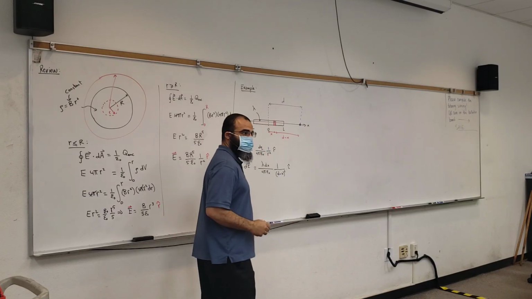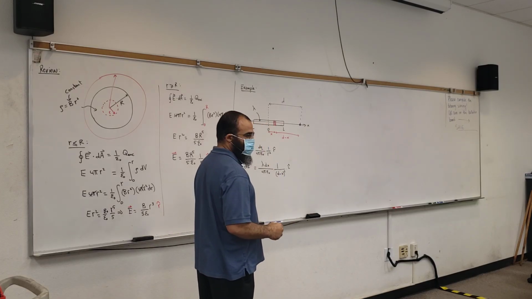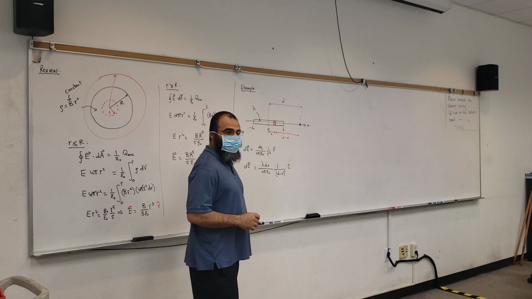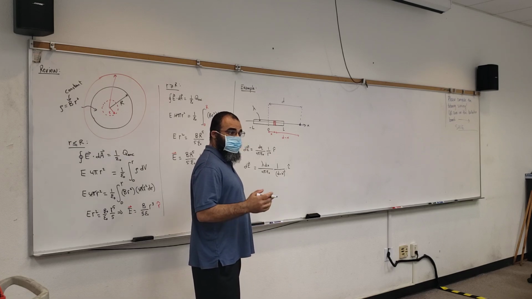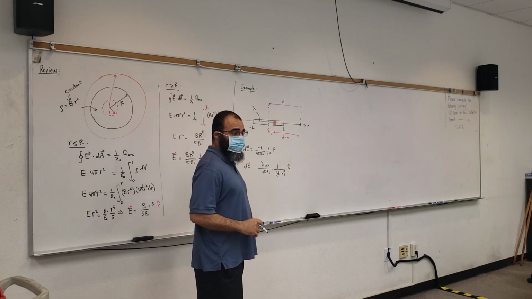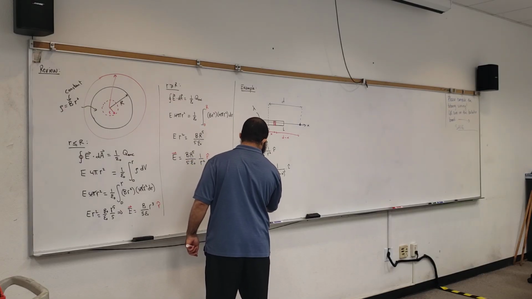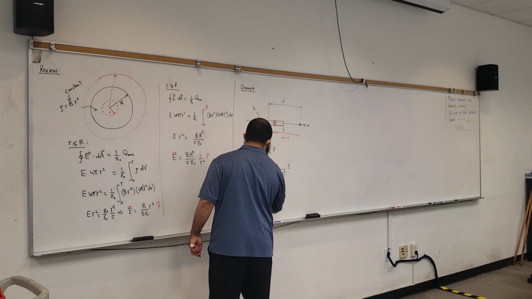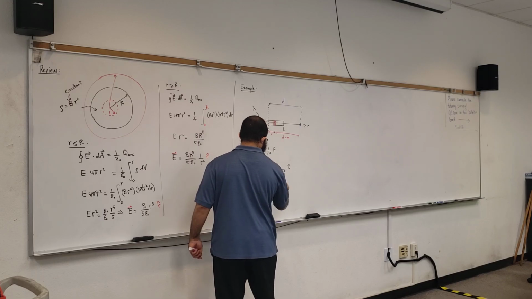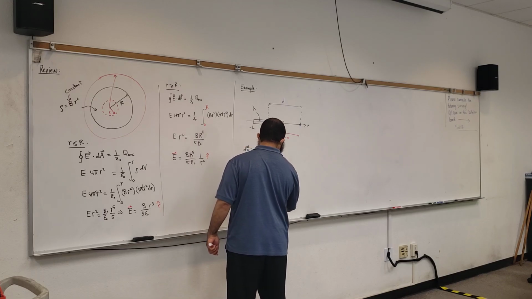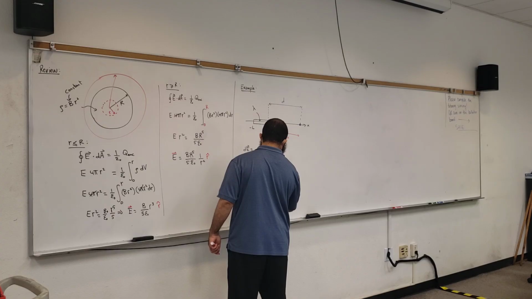I'm going to drop the vector signs, because it's just a one-dimensional problem. It's understood it's in the x direction. So E is simply going to be lambda over 4 pi epsilon naught times the integral of 1 over d minus x squared.